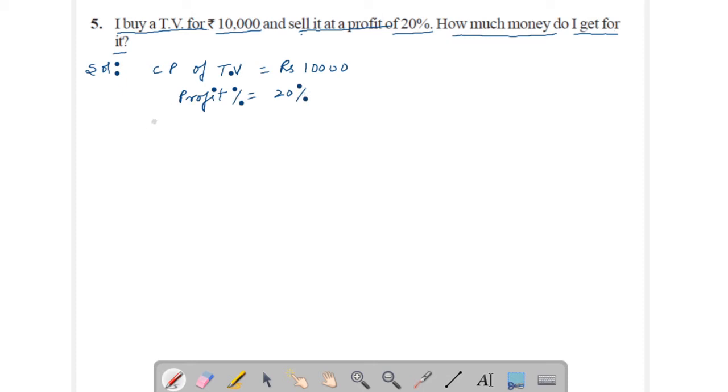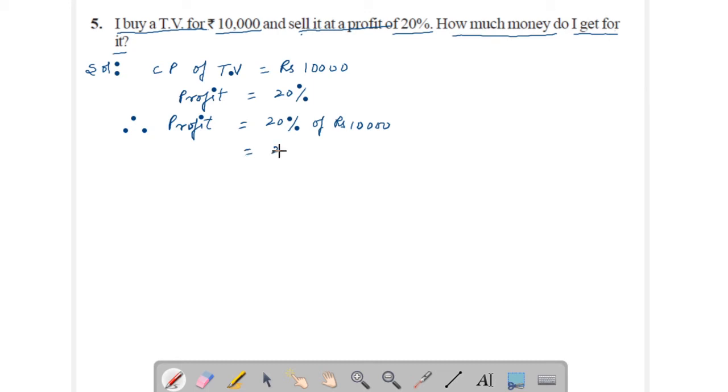Therefore, profit is equal to 20% of CP, that is rupees 10,000. Solve it.